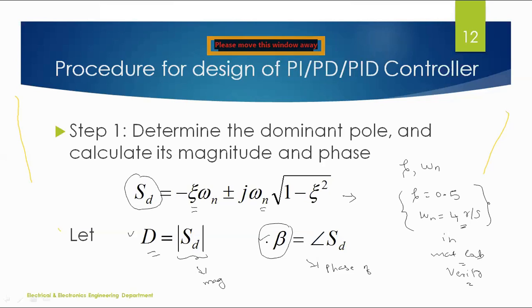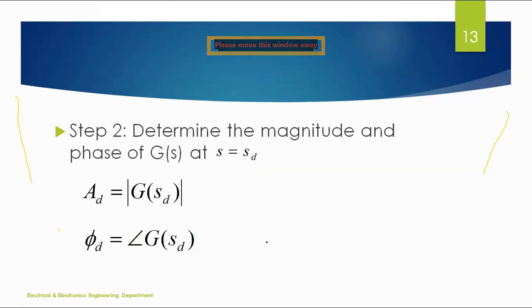Next step: determine the magnitude and phase of G of S. For example, I have a system G of S equal to 10 divided by S plus 1 into S plus 5. Now I replace S with SD.